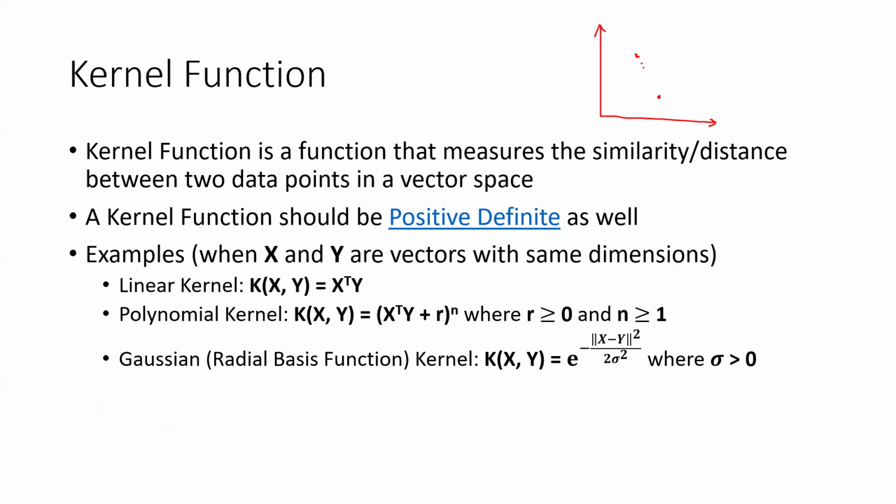The distance between these data points can be measured. And when there are three dimensions also, the distance between these two data points can be measured in a different way.